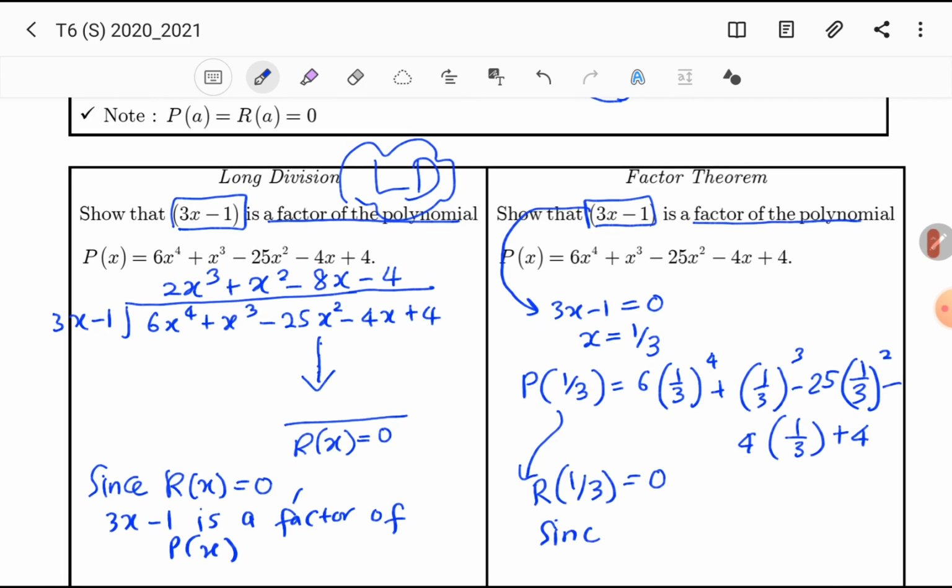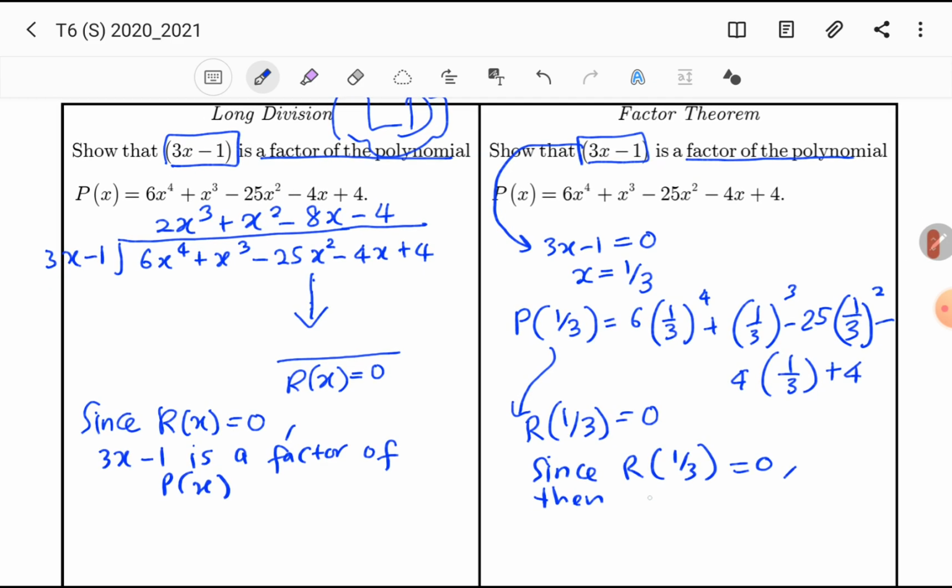So since R of 1 over 3 is 0, then we can conclude that 3x minus 1 is a factor of P(x). Okay. So kalau awak tengok, ini cara pertama using long division. So we will get R(x) equals 0.